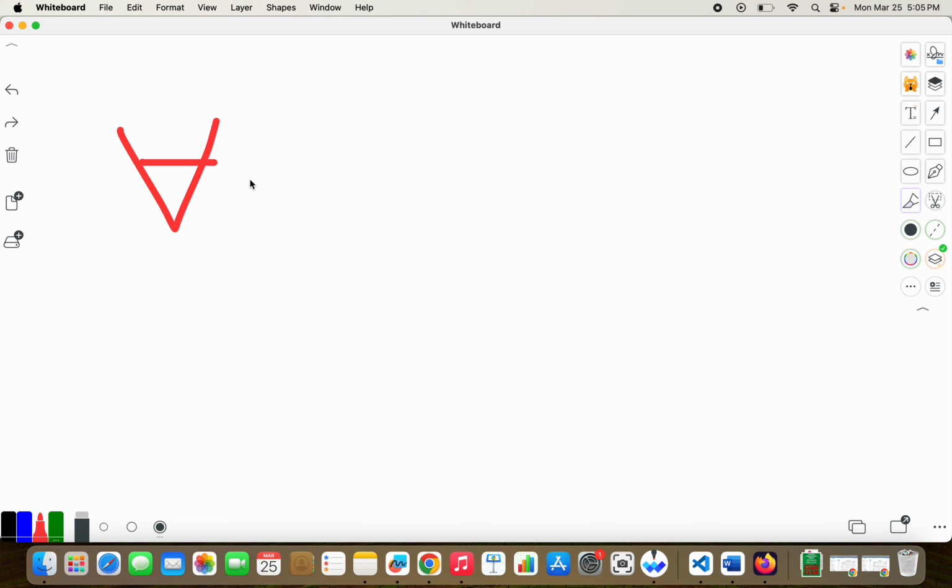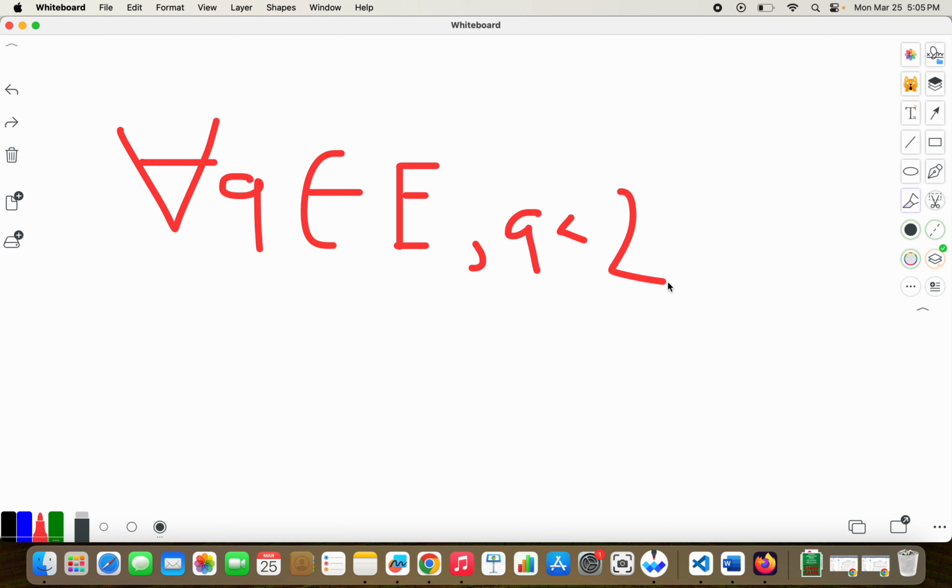Thus, for all q in E, q is less than 2. So this part makes you feel like you already derived that, because if q squared is less than 2, obviously q must be less than 2. But remember, we're talking about the rationals here. Remember?